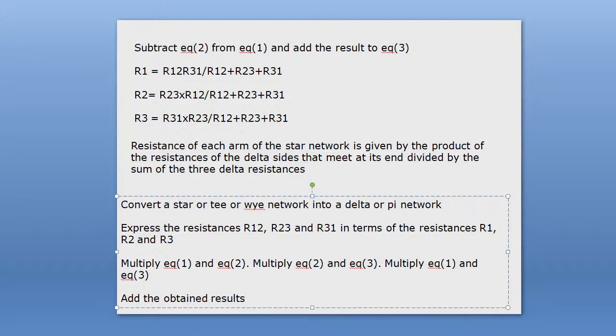So ultimately you will get the expressions of R12, R23 and R31. The expression of R12 is R1 into R2 plus R2 plus R3 plus R3 plus R1 divided by R3. Let me write it, it's better.